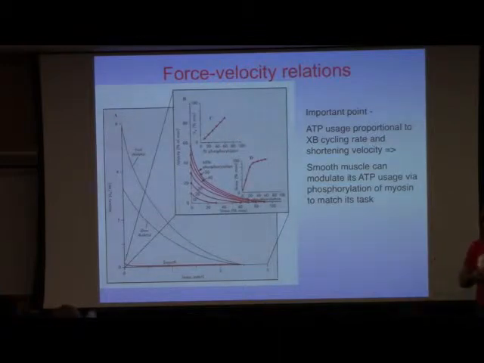So one point is that the shortening velocity is very dependent on the ATPase rate. Something like insect flight muscle has a really fast ATPase rate, and that allows that muscle to shorten very quickly. In larger mammals it's slower, but, say, rat is faster than human. So a high crossbridge cycling rate is good because it allows you to shorten quickly.